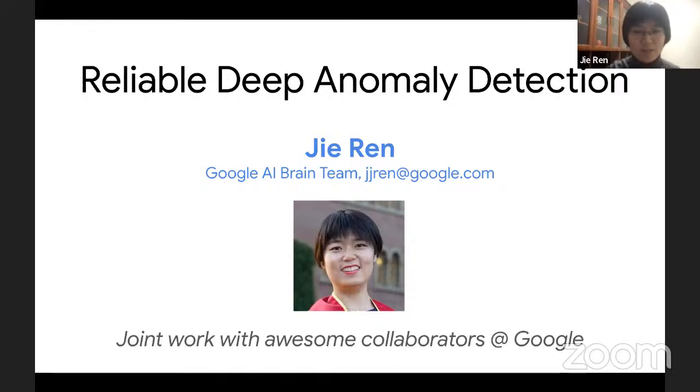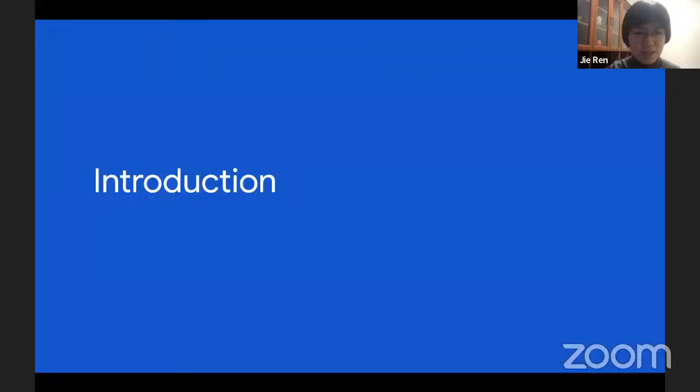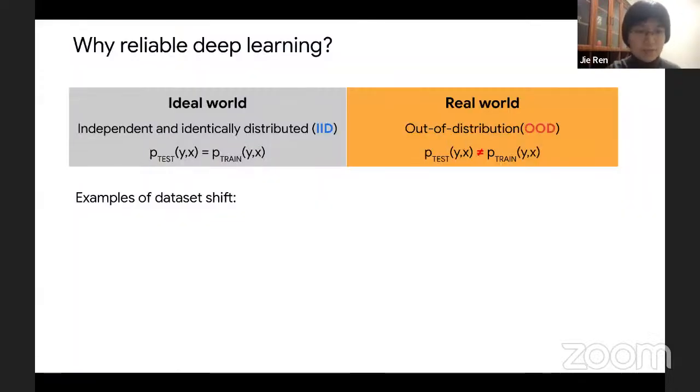Okay, so let me start my talk today. I want to start by introducing some key concepts in this out of distribution detection field. First, why do we need reliable deep learning?